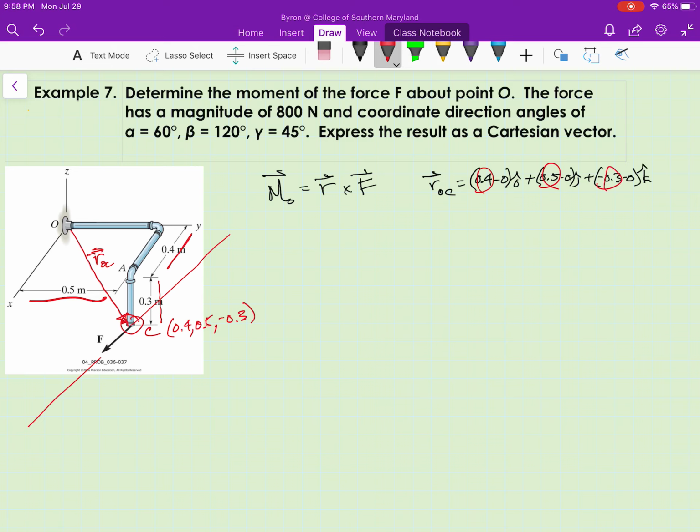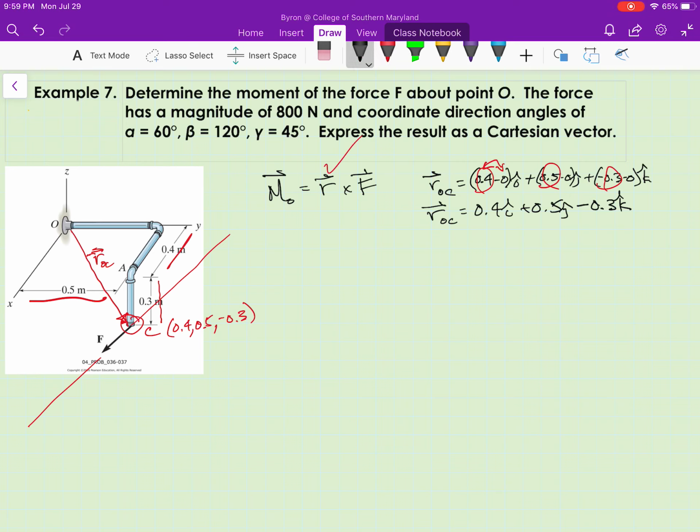If you get these flipped, you're going to have problems. So we can simplify that and write that R sub OC is 0.4i plus 0.5j minus 0.3k. So we have R.